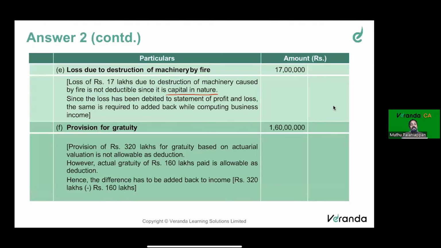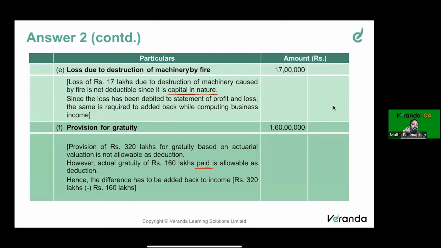Provision for gratuity, we said under section 43B, gratuity is allowed only on payment basis. Similarly, under 40A(7) also, whatever provision is made for gratuity is not an eligible expenditure. So here, actually paid is only 1.6 crore out of 3.2 crores. So the remaining 1.6 crores should be disallowed. It can always be allowed in the year of payment.